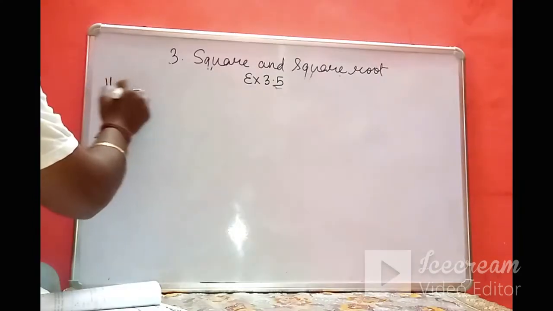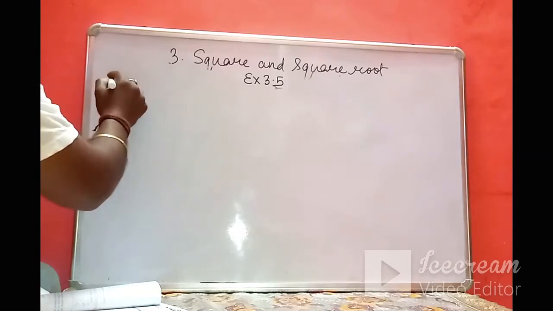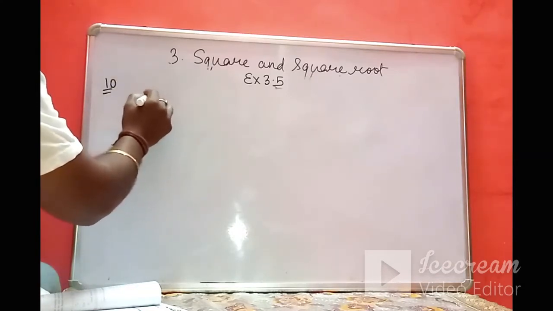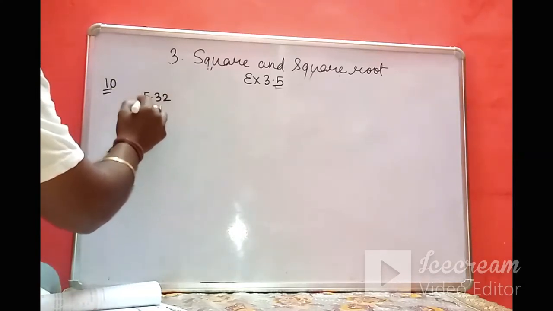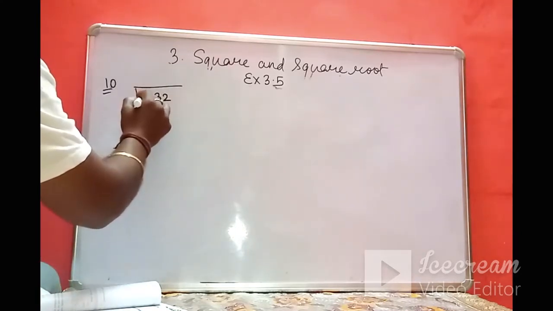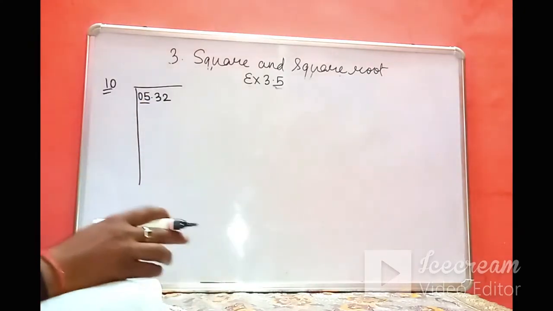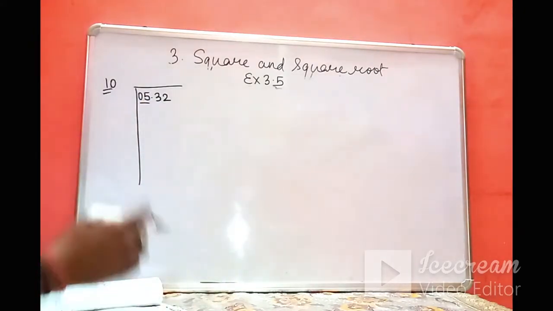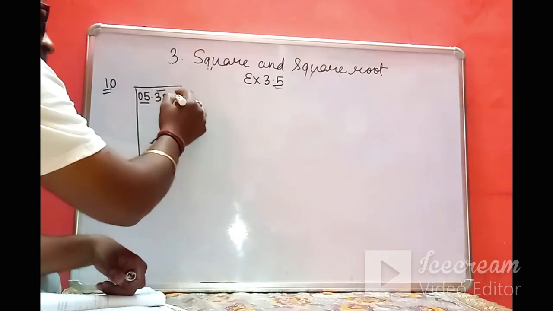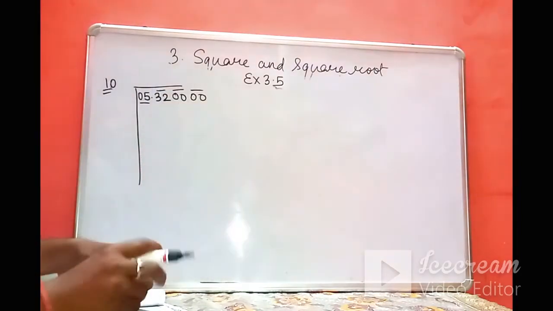The question is 5.32. So what we will do, we can make a pair here. Then after the decimal we need how many pairs? We need 3 pairs. So one pair is already there. So I will form one more pair and one more pair.